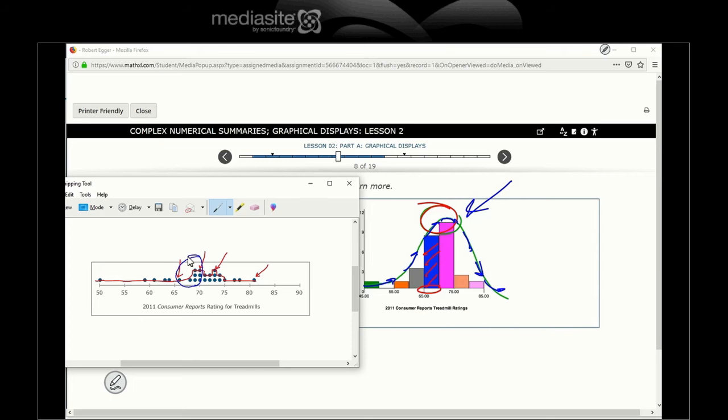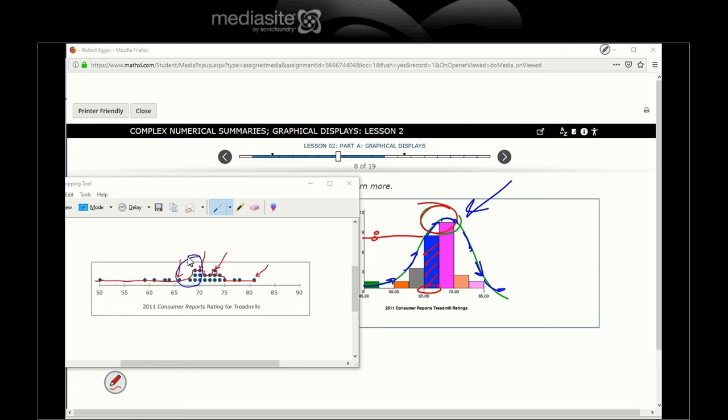See 1, 2, 3, 4, 5, 6, 7, 8. And if you look, that goes up to 8 points. It says between 65 and 70, I have 8 samples. I have eight values. Yes, I do.